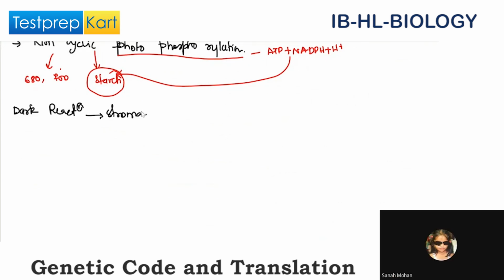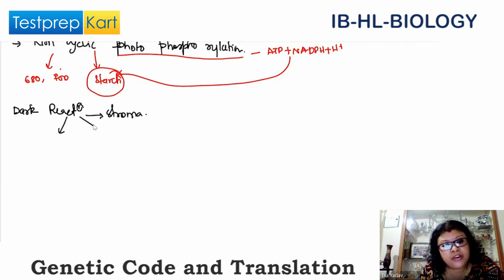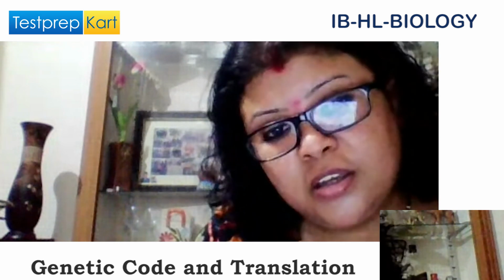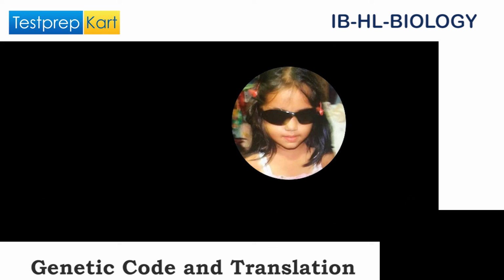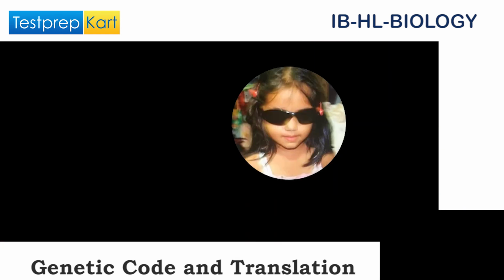And in dark reaction we have the Calvin cycle, and after that we have the Hatch and Slack cycle. Calvin cycle and Hatch and Slack cycle. Clear? Understood?